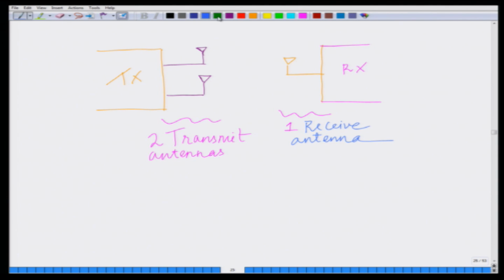Let H1 denote the channel coefficient between transmit antenna 1 and the receive antenna, and simultaneously H2 denote the channel coefficient between transmit antenna 2 and the receive antenna.